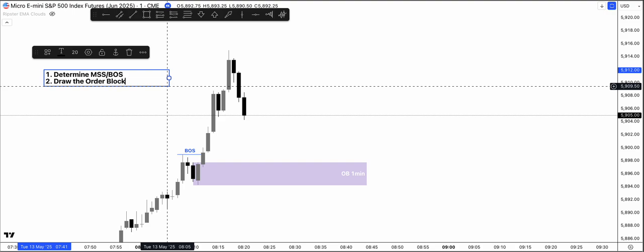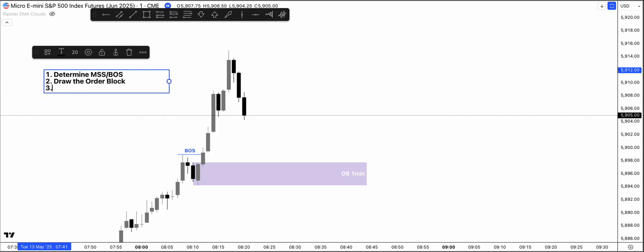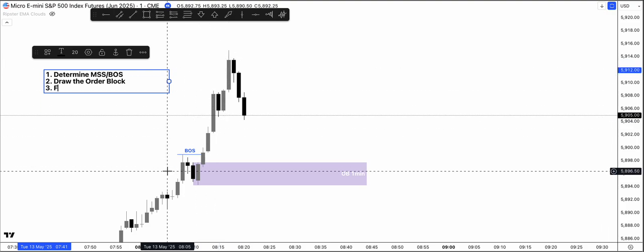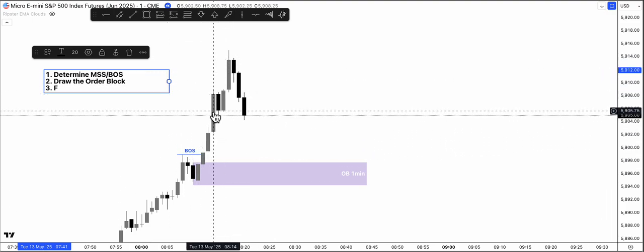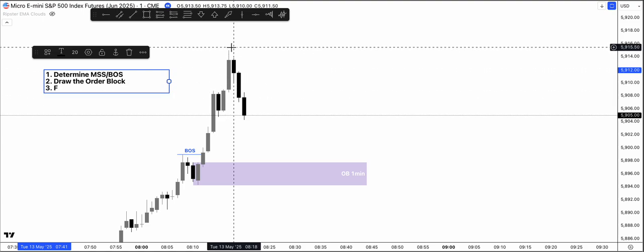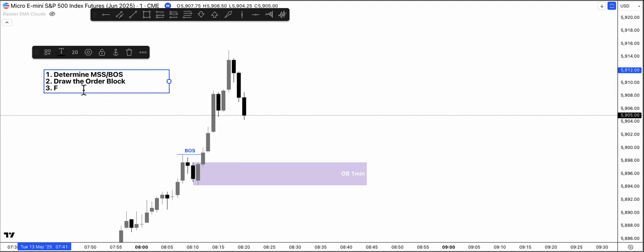Step three, once on an uptrend, a low has been swept, in this case this low after we pushed higher, then draw fibs.